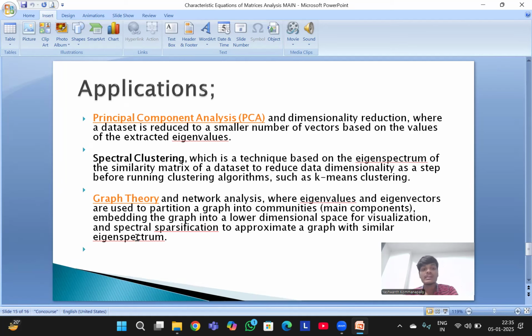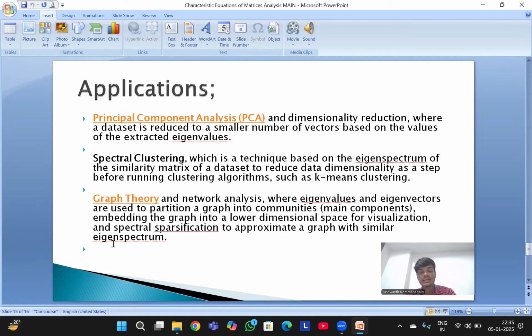Third one, graph theory. In network analysis, eigenvalues and eigenvectors are used to partition a graph into communities, embed the graph into a lower dimensional space for visualization, and for spectral sparsification to approximate a graph with a similar eigenspectrum.